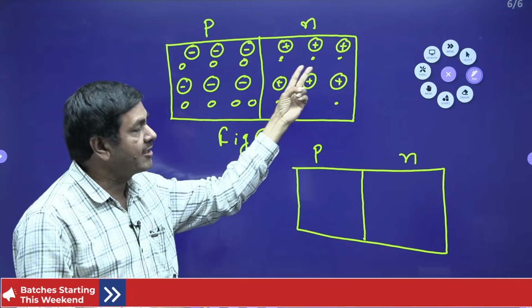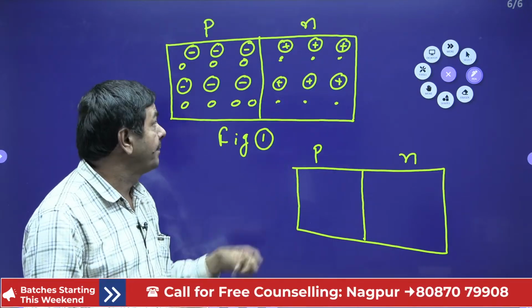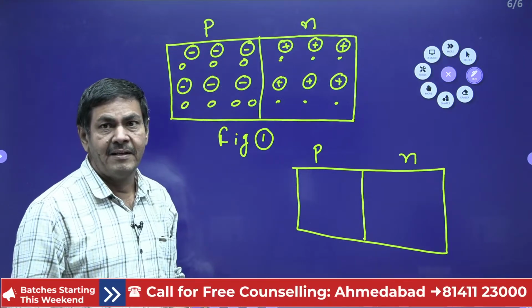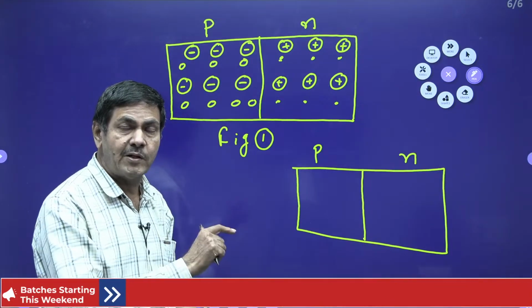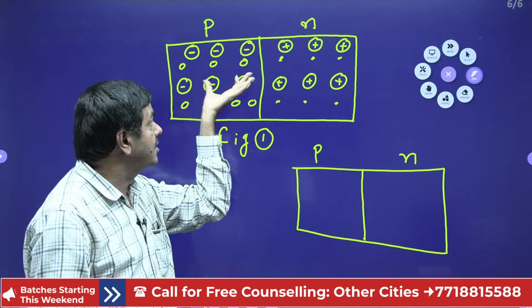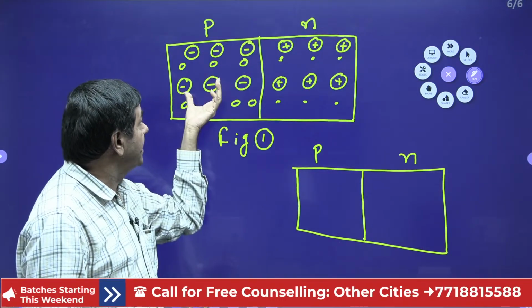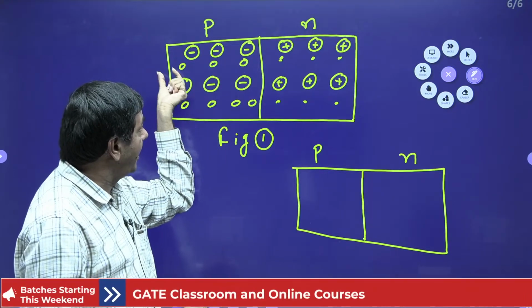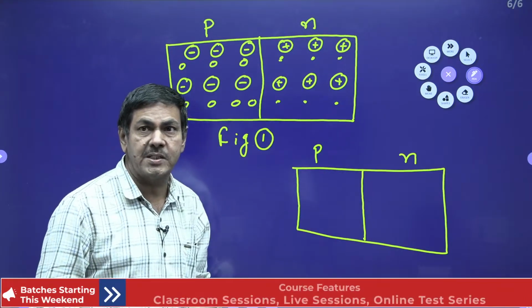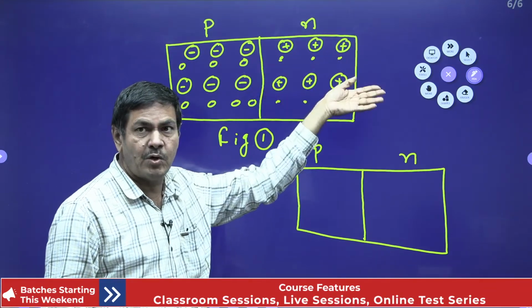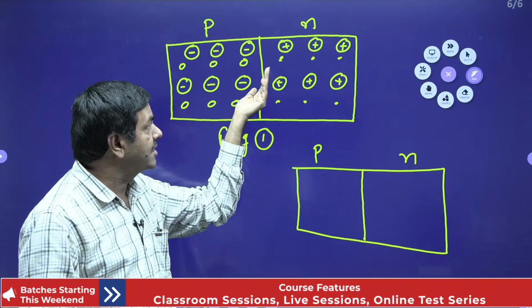In the p-type extrinsic semiconductor the holes are the majority carriers, along with minority carriers of electrons. On one side the concentration of holes is higher, on the other side it is less. Similarly, on this side the concentration of electrons is more, and on the other side less.